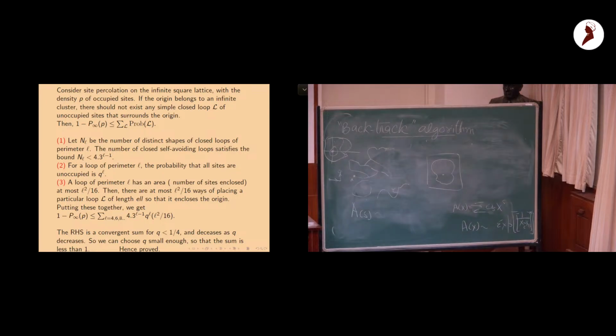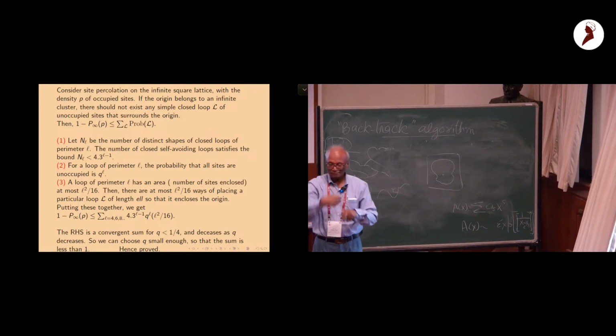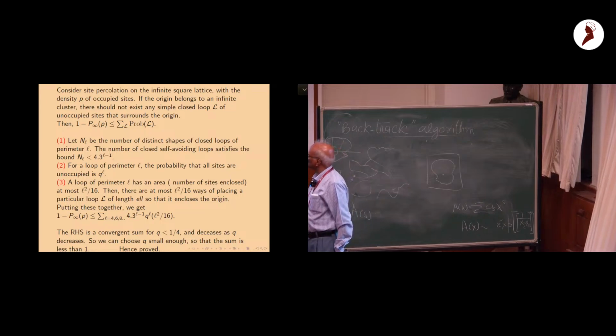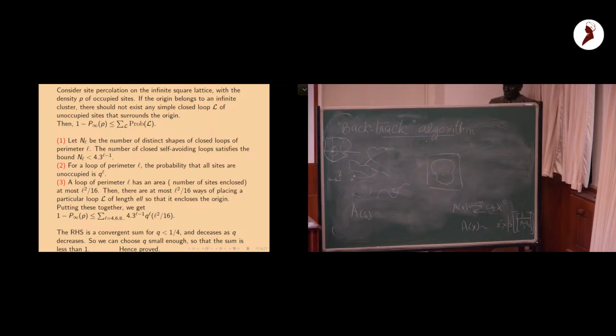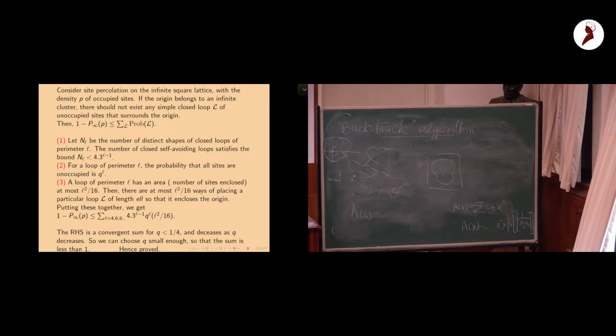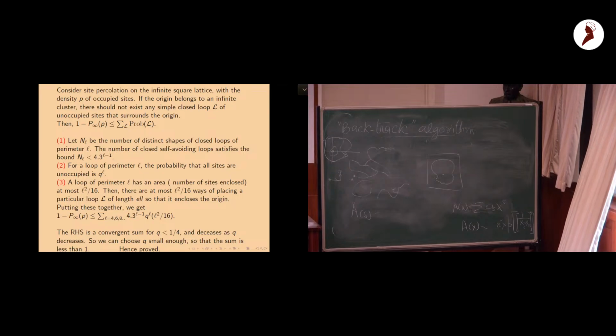So, first thing, let N_L be the number of distinct shapes of closed loops of perimeter L. Okay. Then the number of closed self-avoiding loops is 4 into 3 to the power L minus 1, because the first step can be in 4 directions, each next step in at most 3 directions, and at the end of L you should come back to the origin.